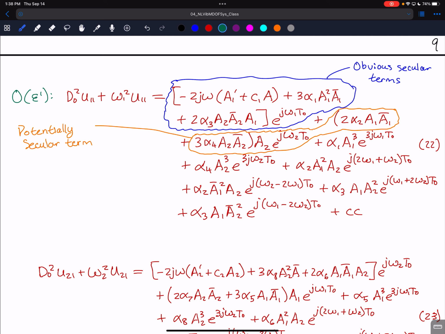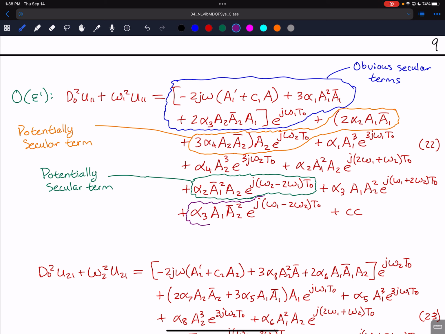There's another one down here, green. And then there's one more right here that I'm going to circle in purple.